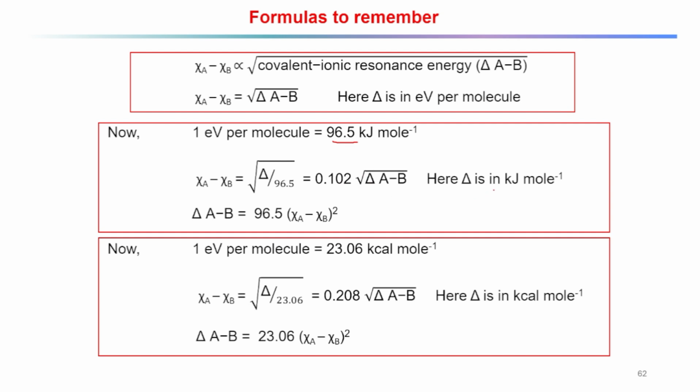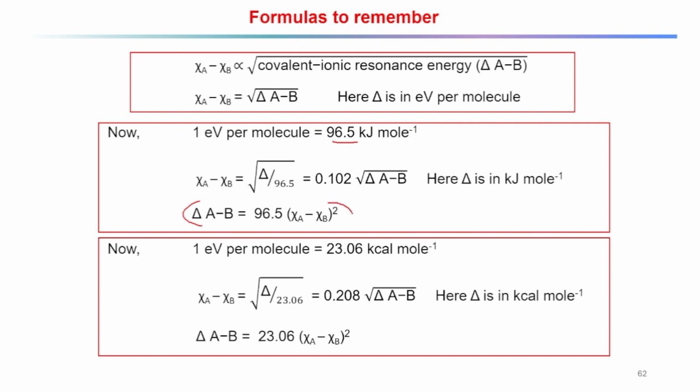So this delta is the covalent ionic resonance energy. And from there, if we take this value on the left hand side and we square it, then we get delta AB equals 96.5 into chi A minus chi B whole square. So this is the one equation that you have to remember.